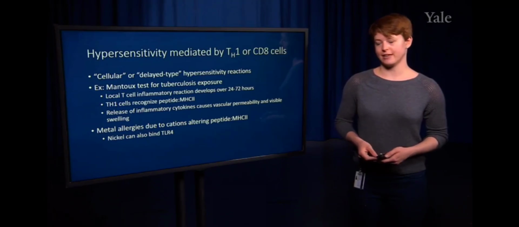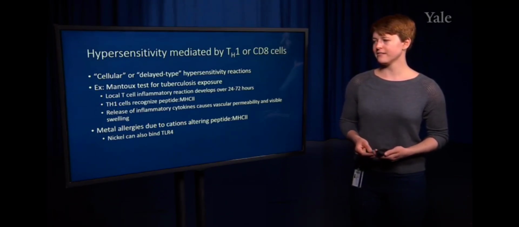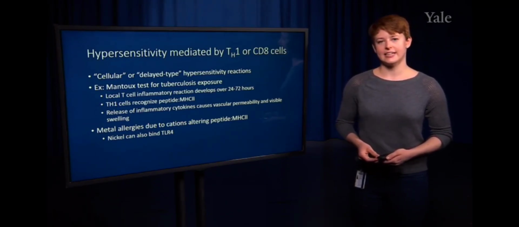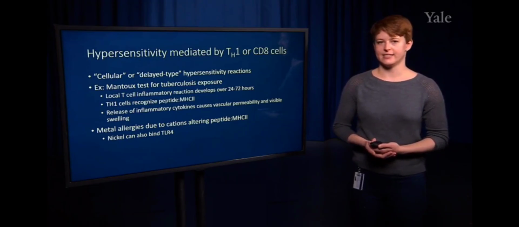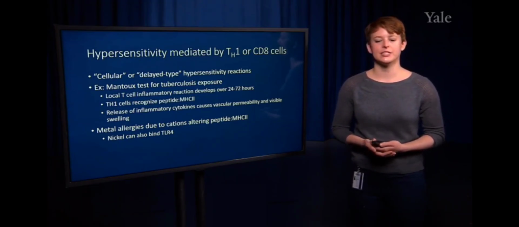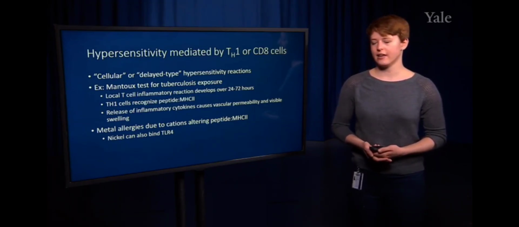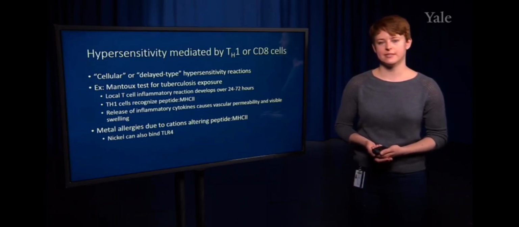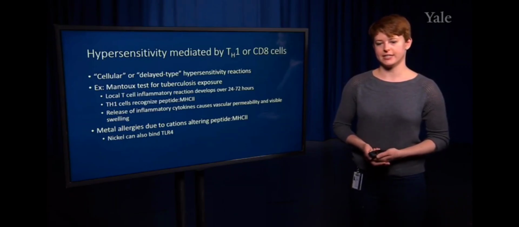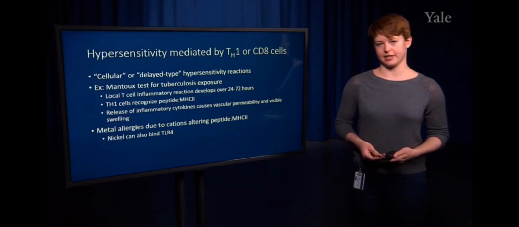Th1 cells enter the area and recognize the peptide MHC complexes, which can lead to a release of inflammatory cytokines, which is what causes the test result, swelling. So if a person has been exposed to tuberculosis or the vaccine for tuberculosis, then they will have a swelling response.